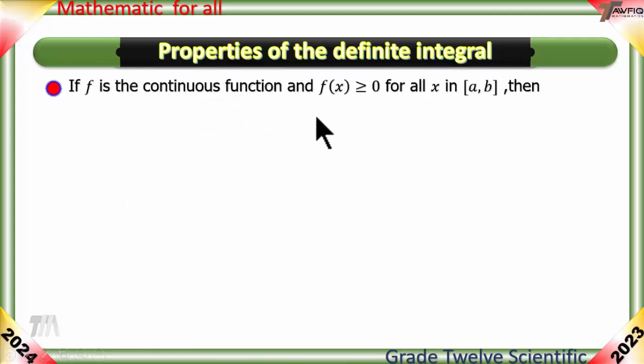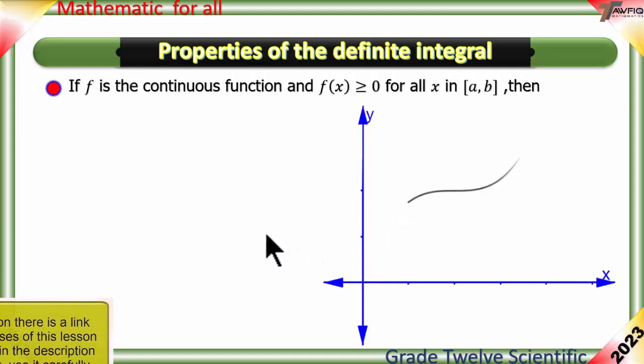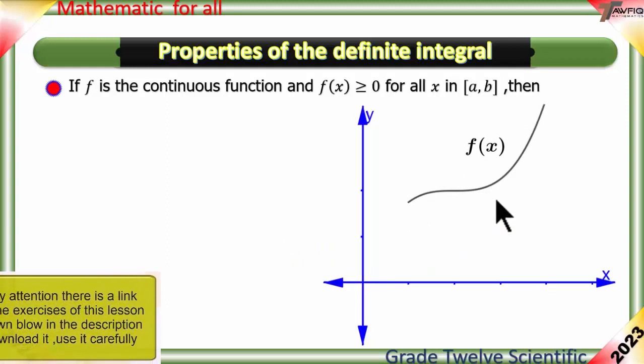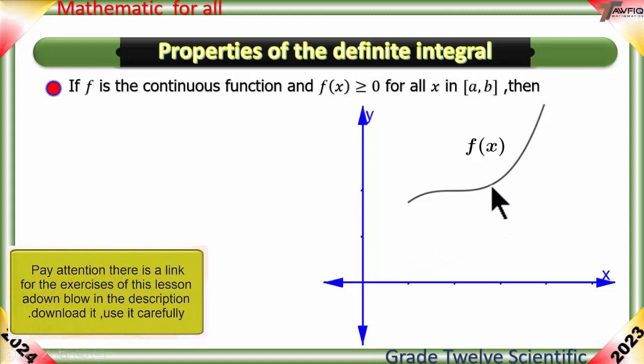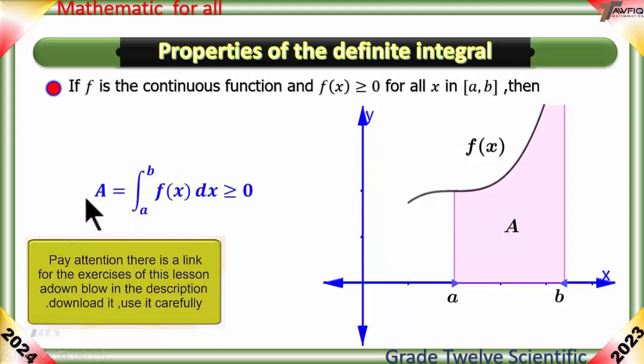If f is a continuous function and f(x) is bigger than or equal to 0 for all x in [a, b], then if we have the integral of a function which is over the x-axis, which means it is positive, over the interval a to b, then this integral or this area is positive.